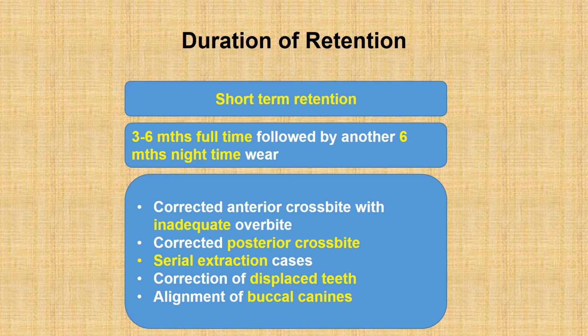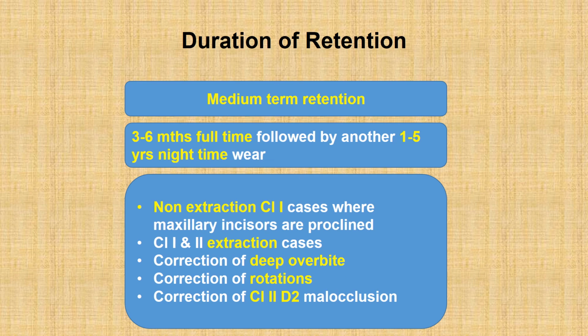Now, medium-term retention or prolonged retention, this is usually again 3 to 6 months full-time wear, but the nighttime or part-time wear is much longer, can be 1 up to 5 years of wear.